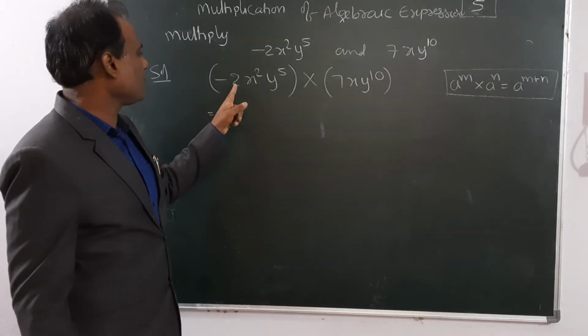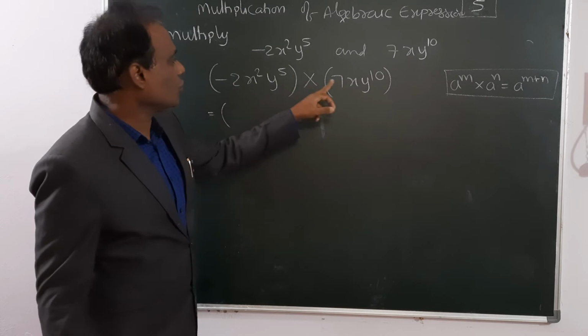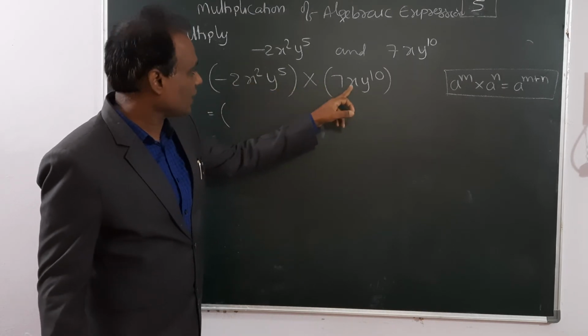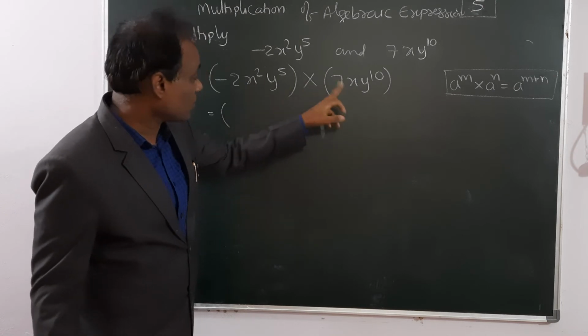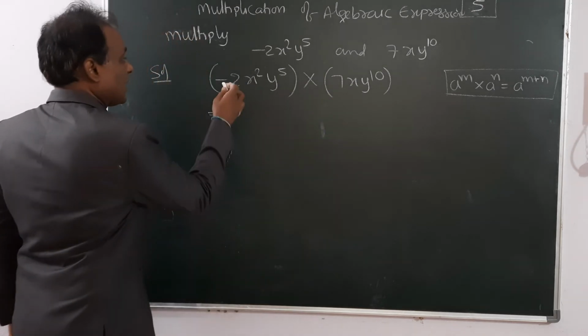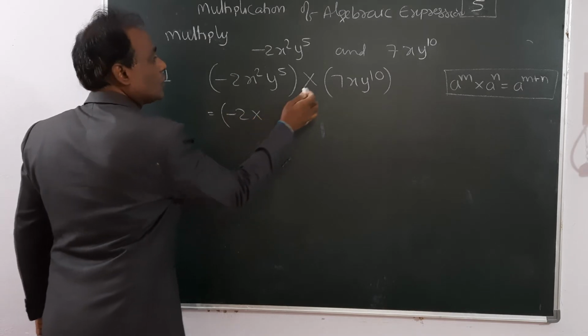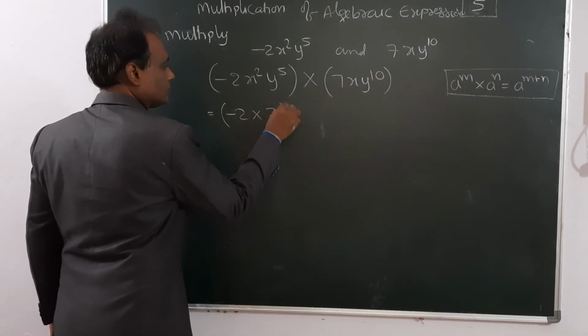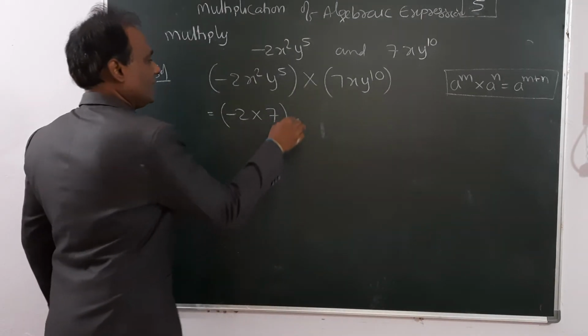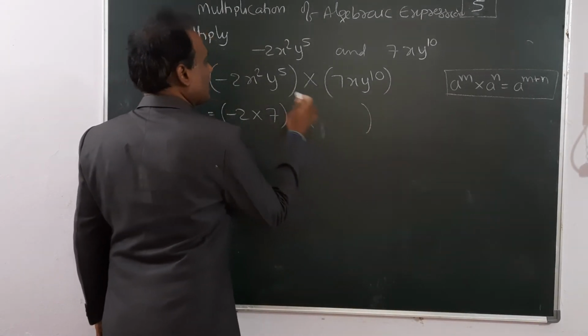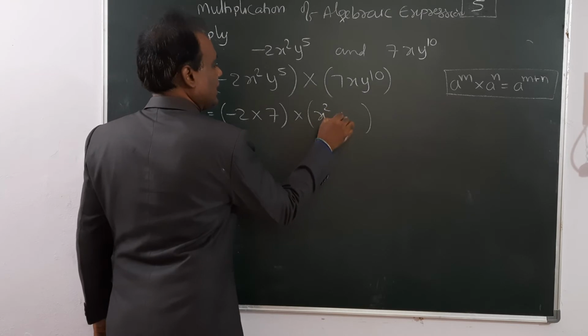Now, multiplication means we multiply the coefficient with coefficient. Same variable terms we can simplify. So minus 2 into 7: constants, coefficients I wrote separately. I will write x square terms in this: x square into x.